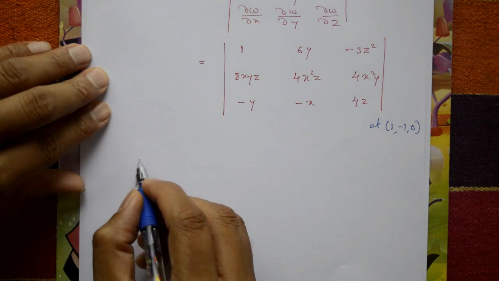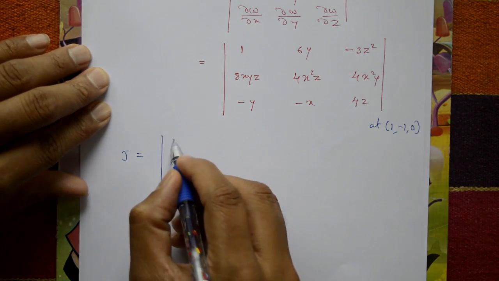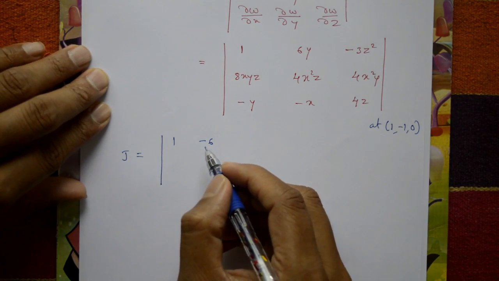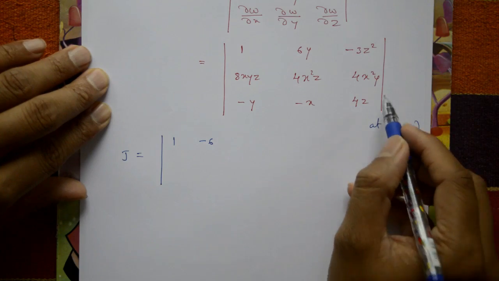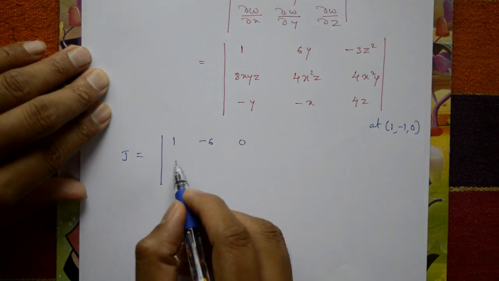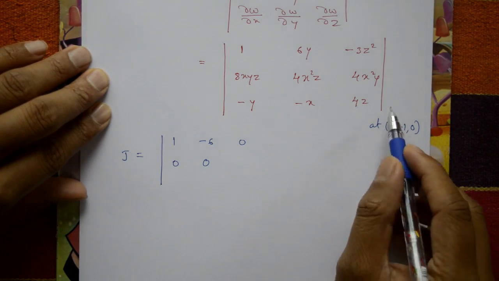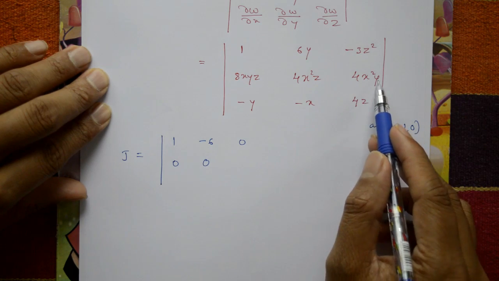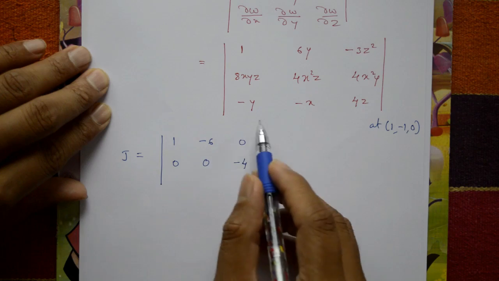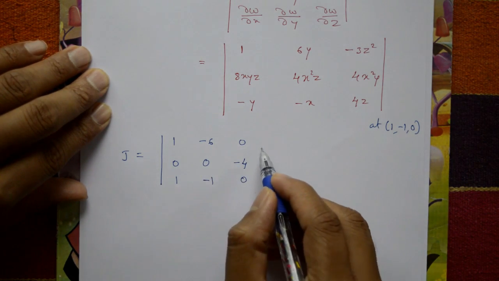Substitute: J is equal to 1 as it is, y equal to minus 1 gives minus 6, and z is 0, so this is 0. For the second row, z is 0 means the first and third elements are 0 and 1, and minus 4, y is minus 1 so minus minus is plus. And x is 1 gives minus 1, z is 0.